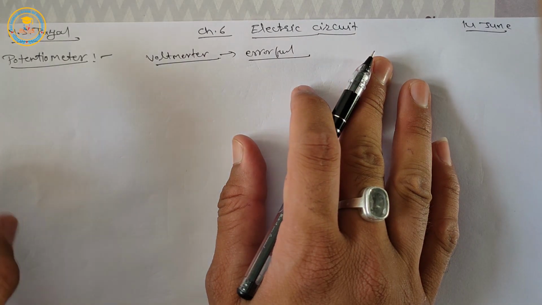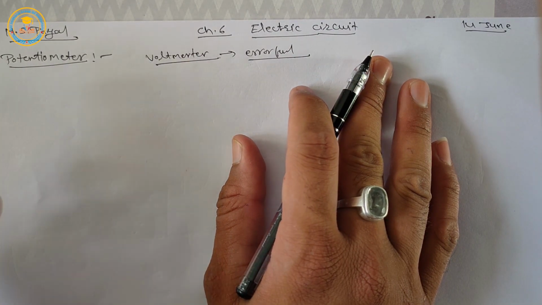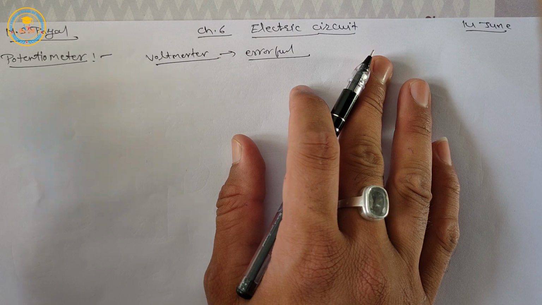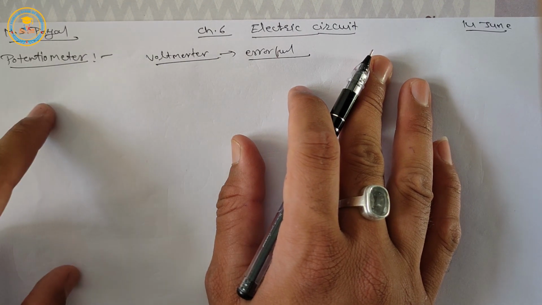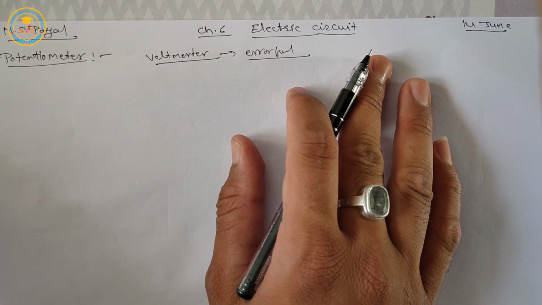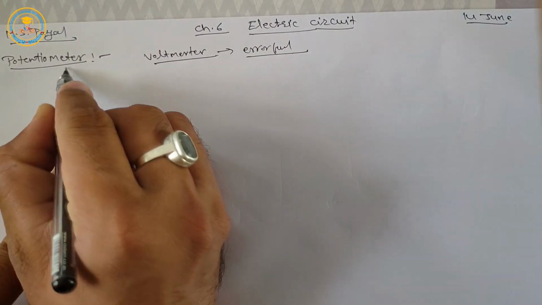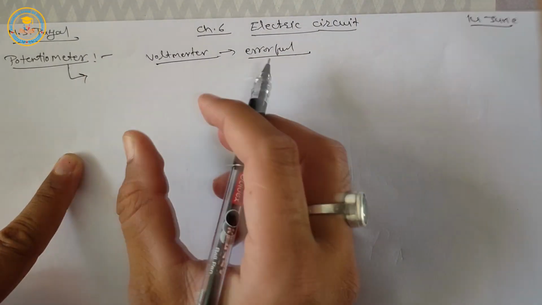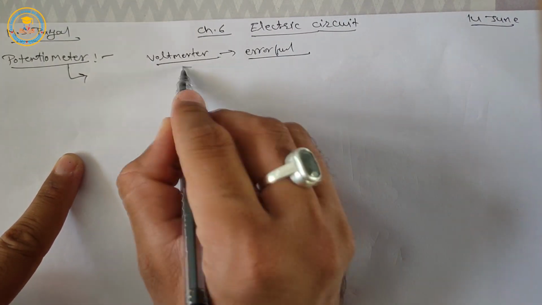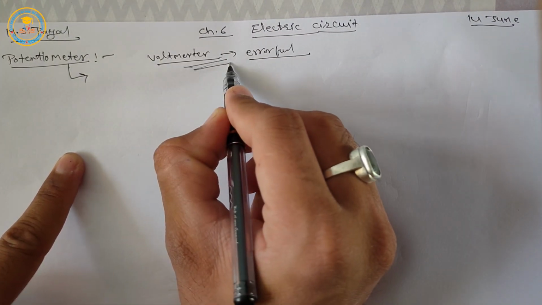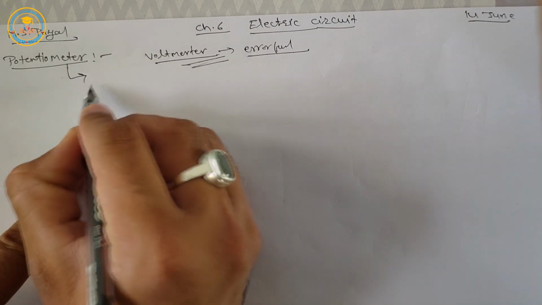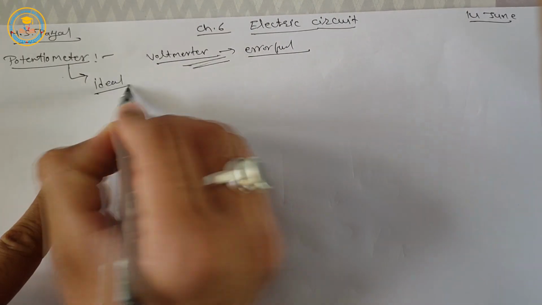So this potentiometer measures an unknown potential difference accurately between 2 points of an electric circuit. The result of this potentiometer is exact compared to a voltmeter. So we can say the potentiometer is an ideal voltmeter.